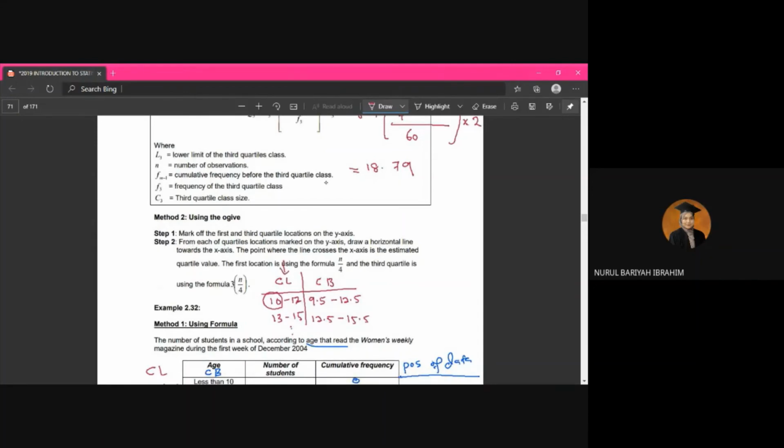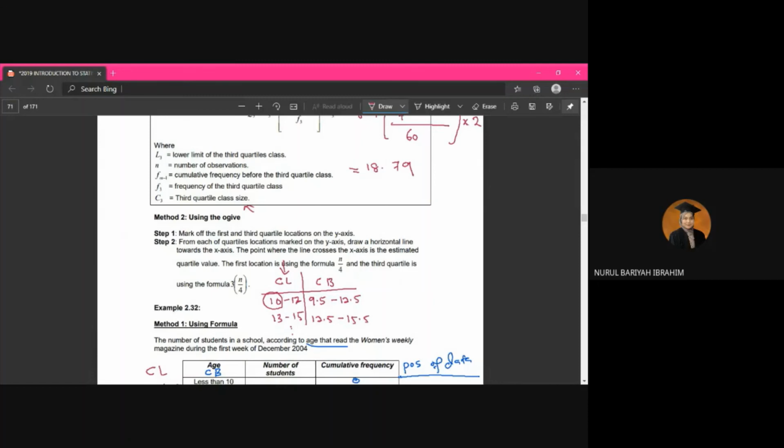Okay, you will use the class boundaries untuk nak cari nilai C dan juga class size, dan juga when we want to draw the ogive, okay?